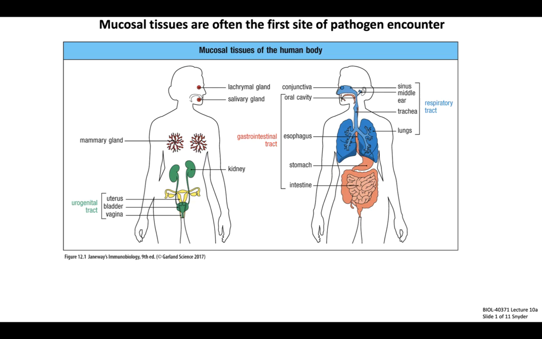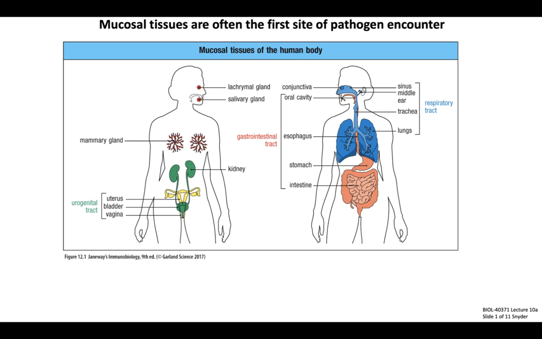of these tissues. The epithelial surfaces that line each of these anatomical sites is often the first site where the body encounters infectious microbes, so we can view these as sort of a portal of entry for pathogens. The physiological functions of these epithelial sites, such as gas exchange in the lung or nutrient absorption in the gut, require for them to be quite thin and permeable, which obviously renders them physically vulnerable to infection.